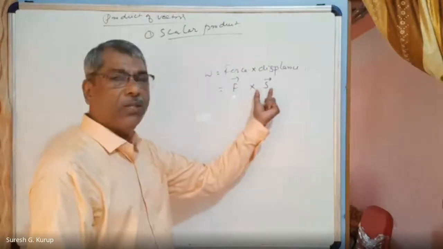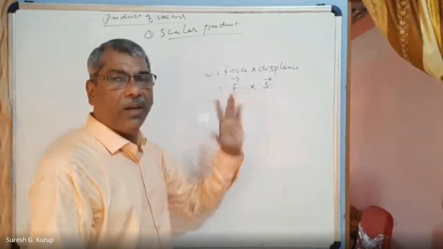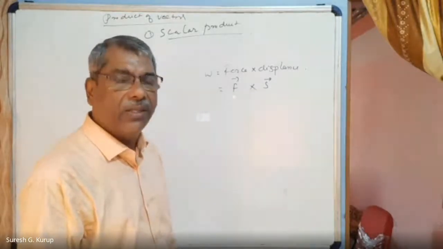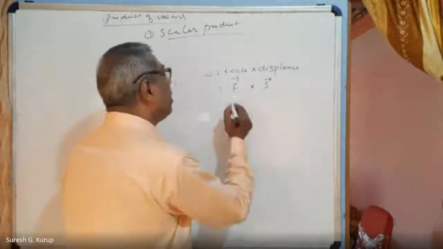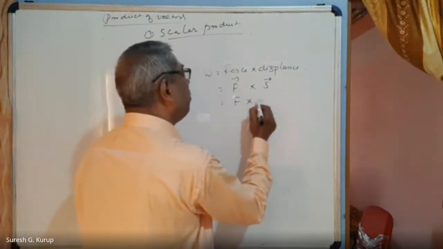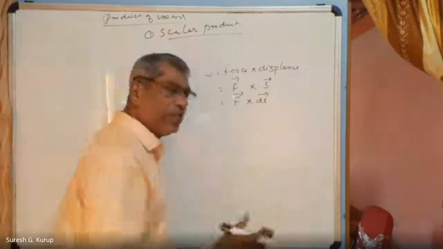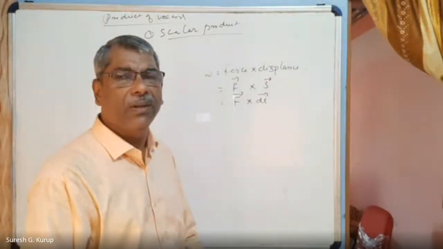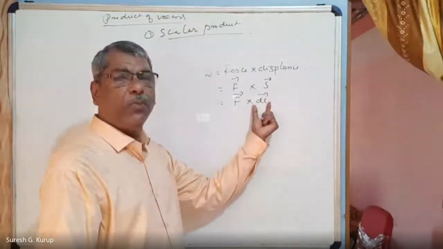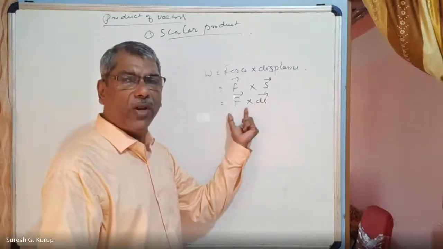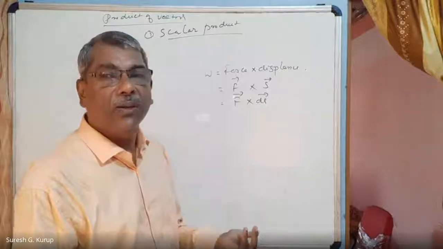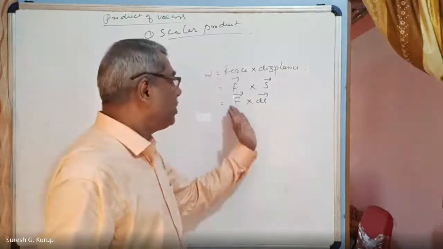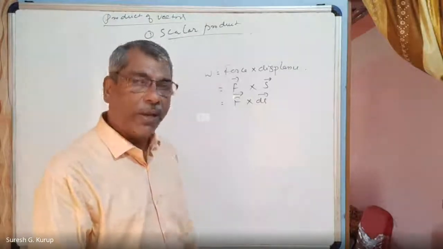Sometimes it is called F into ds, which means a small displacement. So when the force vector is multiplied with the displacement vector, we get work done. Work done is a scalar quantity. That is why this product is called a scalar product.